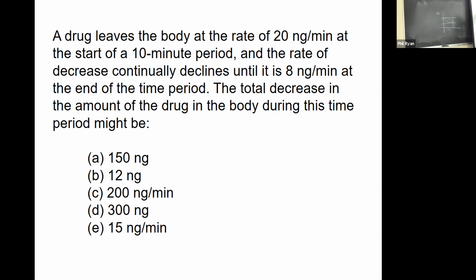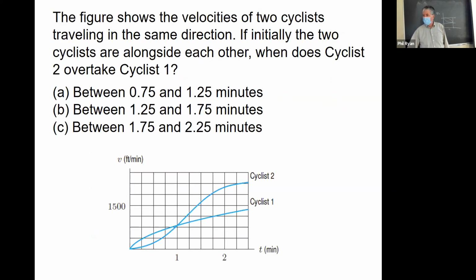If the maximum is 20 nanograms per minute, over 10 minutes, the most it can get rid of is 200 nanograms. So this is way too much. So this is the only one that's got the right quantity and the right units. So actually, it turns out to be not that hard of a question once you actually think it through.